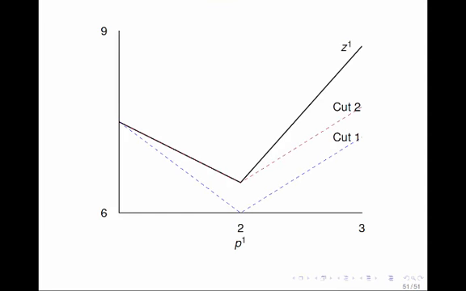There's this kink at 2, and we get this blue line here. So when we're at this trial decision, we get an optimality cut that is in fact strictly less than the expected cost to go. The expected cost to go is the dark black curve. This cannot happen in the L-shaped method, okay? But it can happen here.